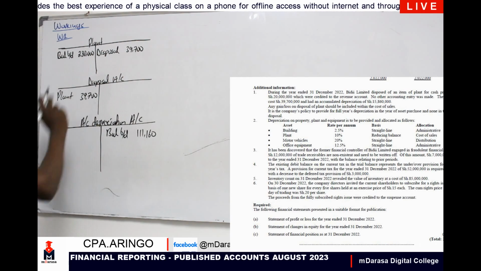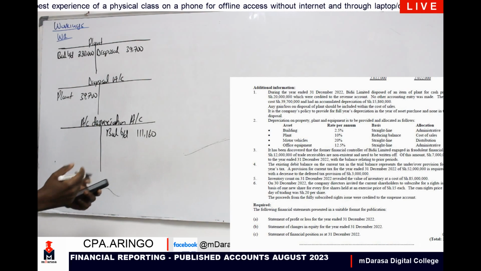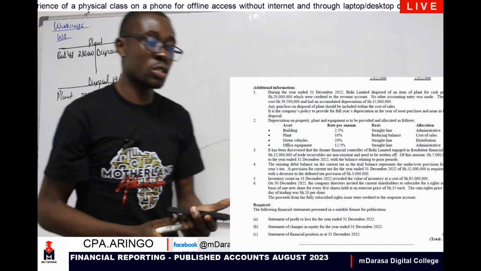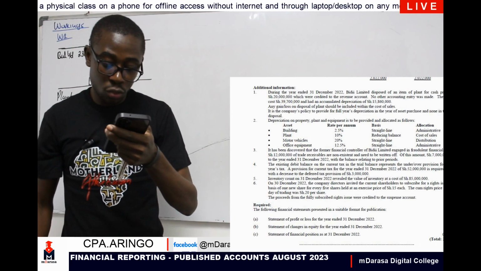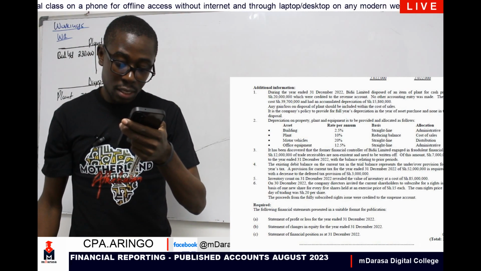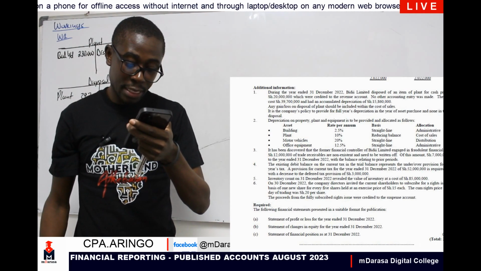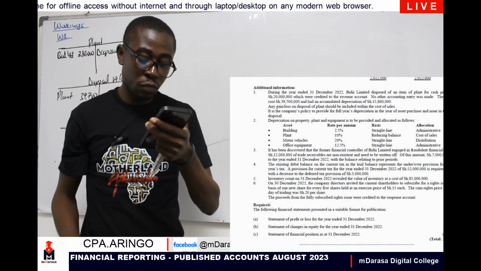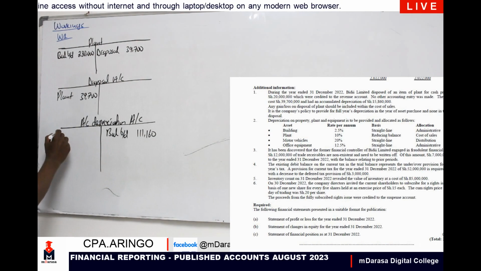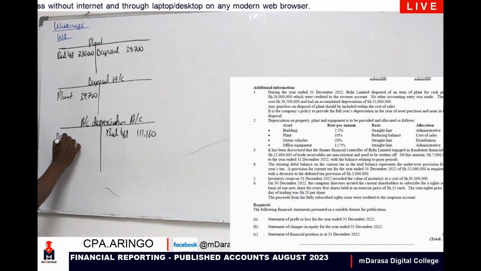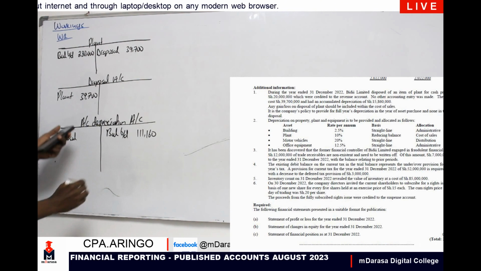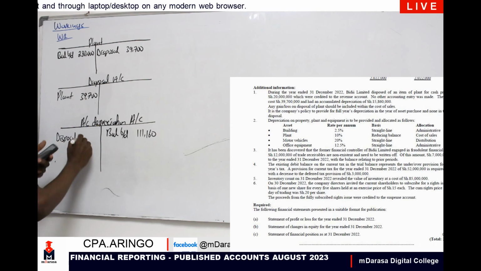So consider our depreciation that you are given in relation to this question. Note 1, we are told that the plant had cost 39,700 and had an accumulated depreciation of 15,860. So I'm going to take my disposal here. I have it as 15,860.